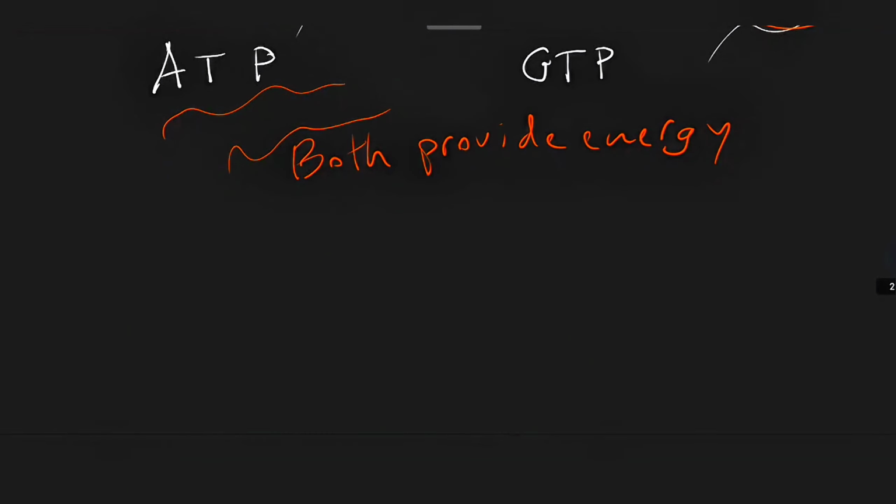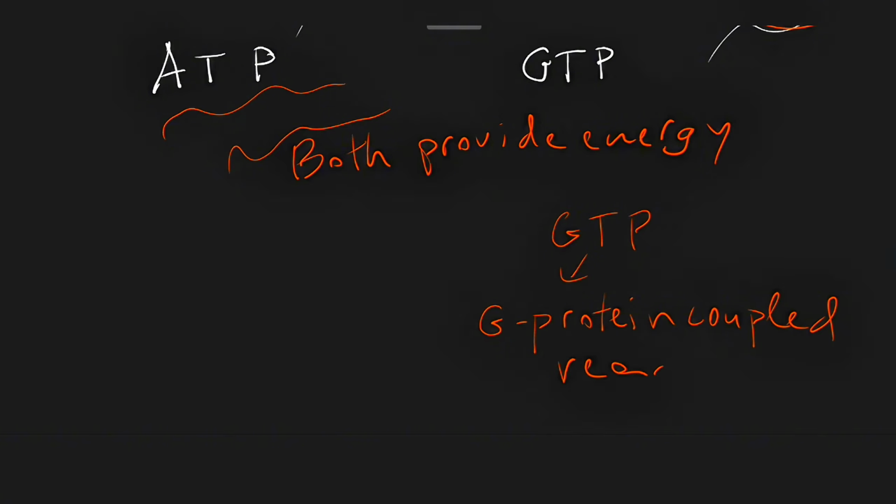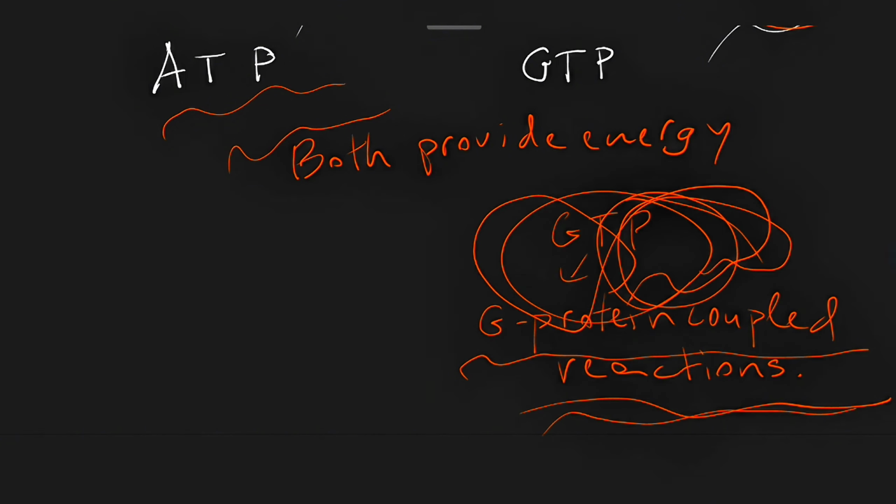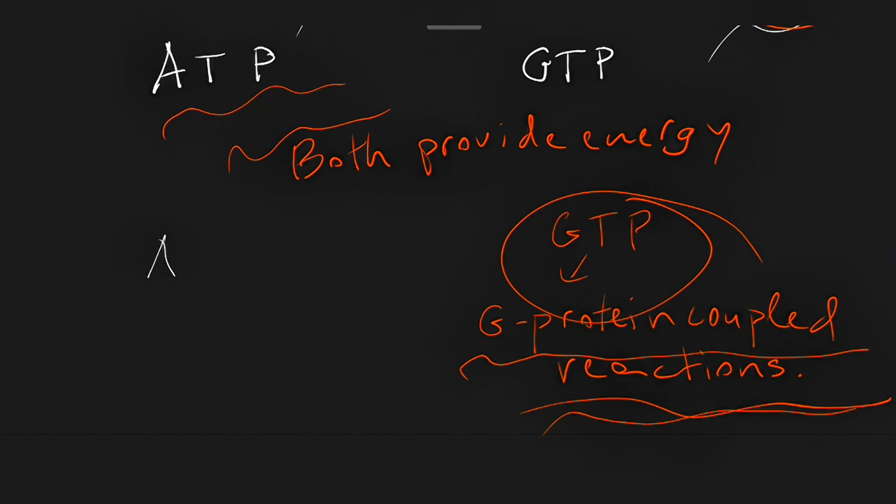For example, GTP is used in processes such as G protein coupled reactions, so it's in signal transduction. GTP is used in signal transduction, and it is also used in many other areas and has many other functions. Similarly, ATP is used to provide energy.